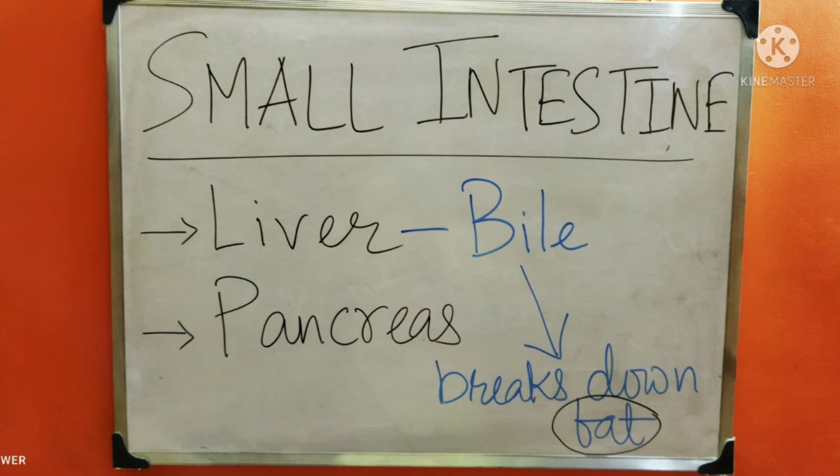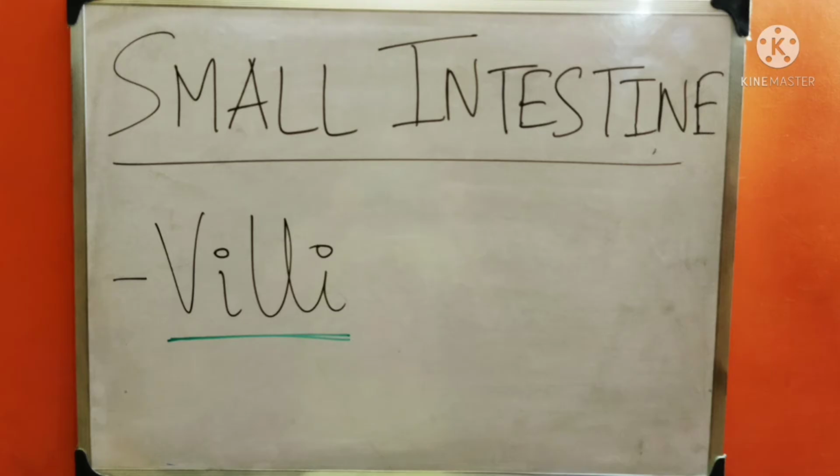Whereas the intestinal juice secreted by the small intestine breaks the carbohydrates into simple sugars, fats into fatty acids and glycerol, and proteins into amino acids. Small intestine contains numerous finger-like outgrowths called villi.